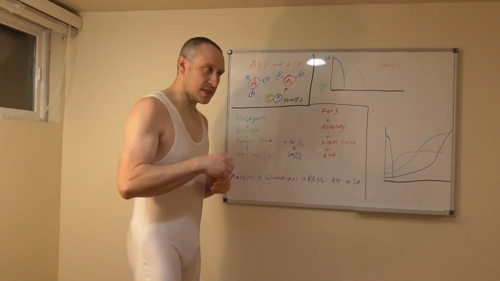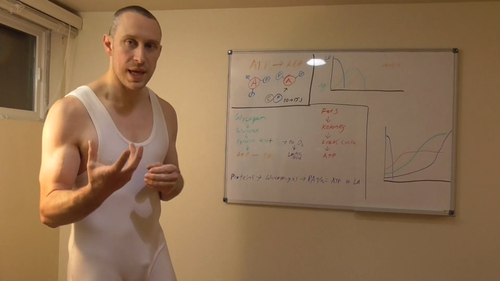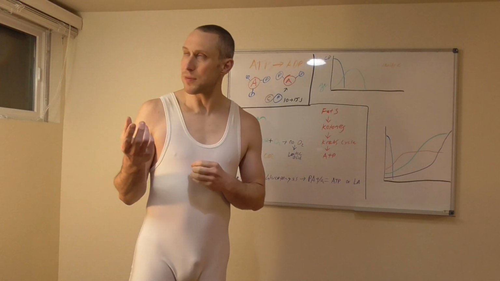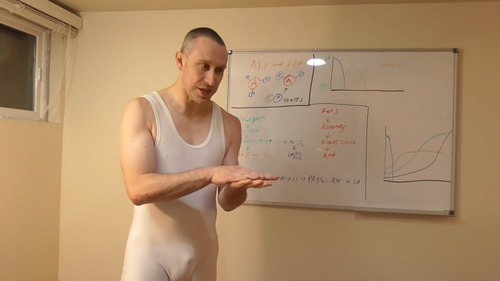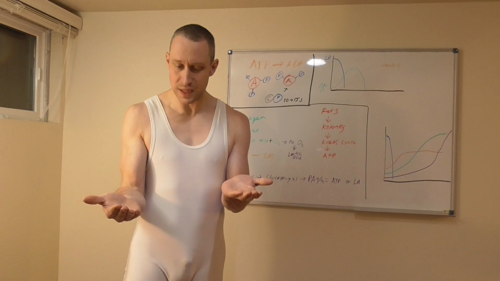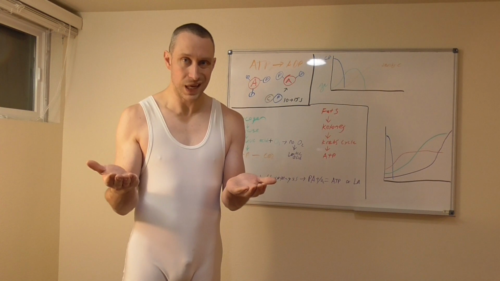The thing about fats is, if we compare carbohydrates to fats, and I don't remember what scientist said it this way, if you light sugar on fire versus light fats on fire, the fats are going to remain for much longer than the sugars.